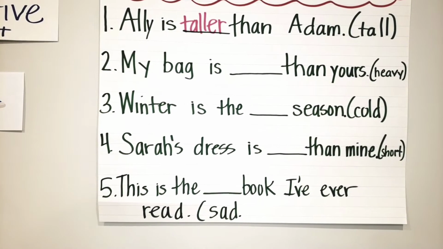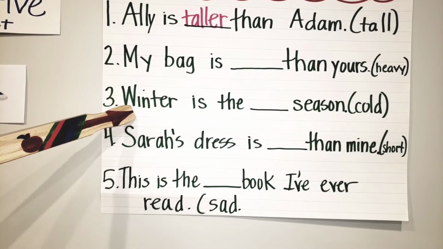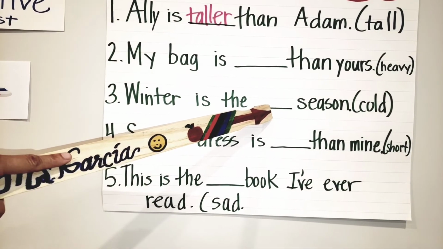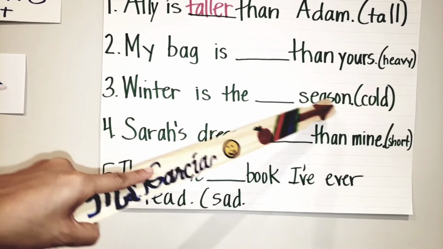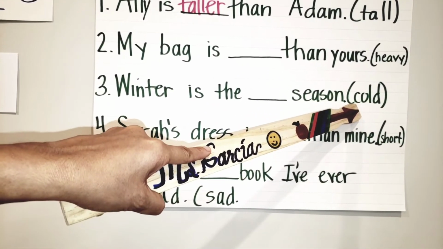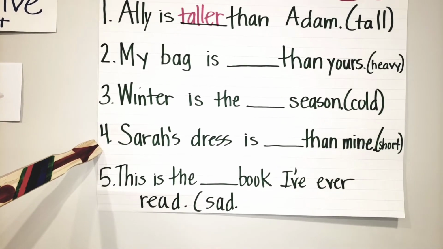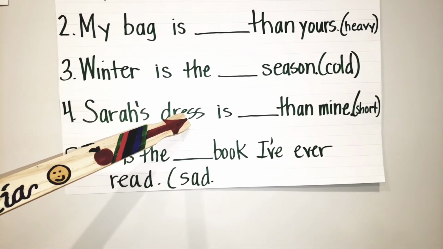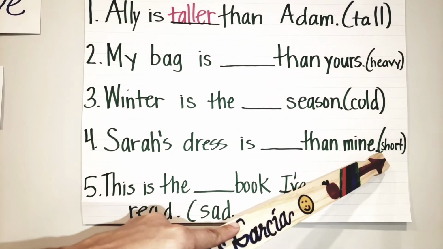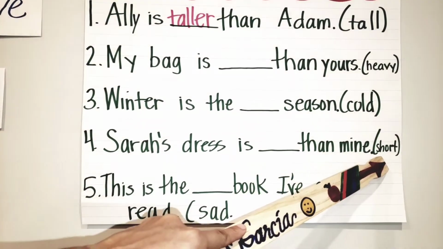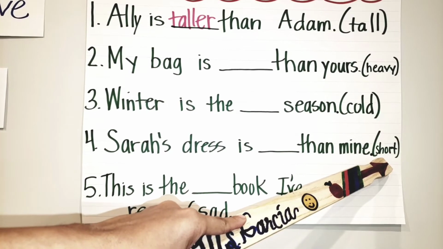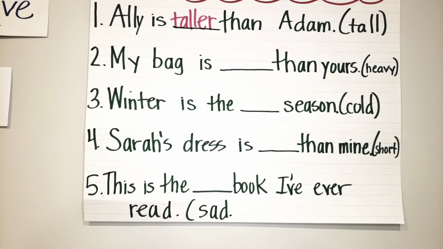Okay? Number 3. Winter is the blank season. The adjective is cold. Number 4. Sarah's dress is blank than mine. The word is short. The adjective is short.